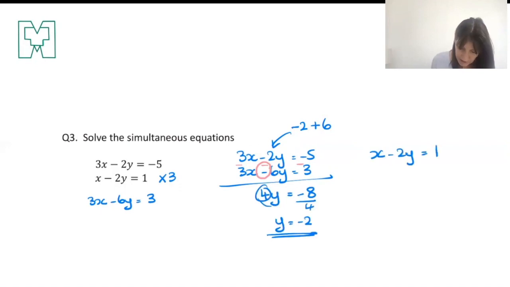Now, we are going to be doing x minus 2 times y, which is minus 2. The reason that I've done that is so that we don't lose any of those negatives and hopefully we don't make any mistakes. So I've got x minus, in the bracket, 2 times minus 2 is minus 4.